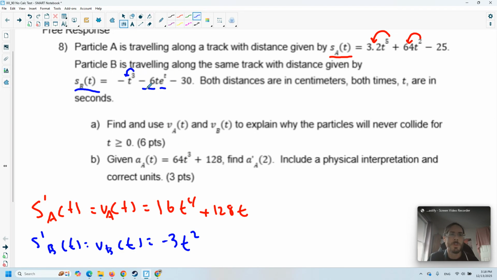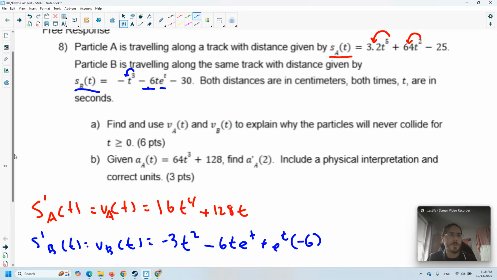So we've got negative 6t, so first times the derivative of the second, so times e to the t, plus the second, which is e to the t, times the derivative of the first. So derivative of negative 6t is negative 6. Derivative of negative 30 is, again, 0, just like 25, because derivative of a constant is just going to be 0. So I have my VA of t, I have my VB of t.